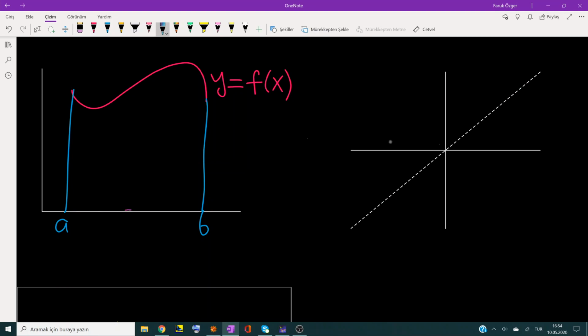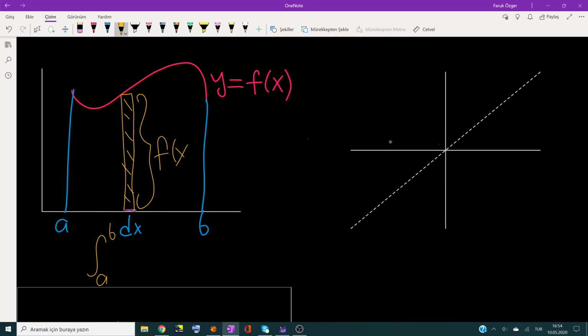We choose a length, let's say dx, since this is the interval of x, and we compute the area of this rectangle. Summing up all these areas from A to B, as you see, this distance is f of x.